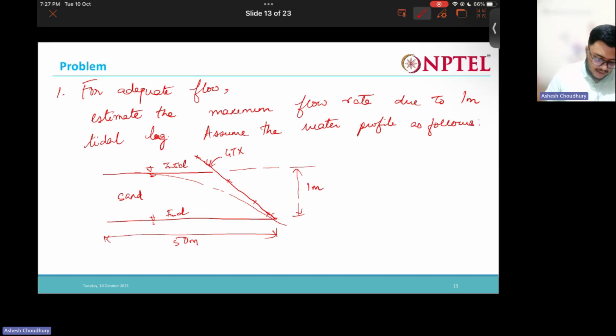So Q max. You are assuming that the tide will recede at maximum rate during the initial 2 hour period.